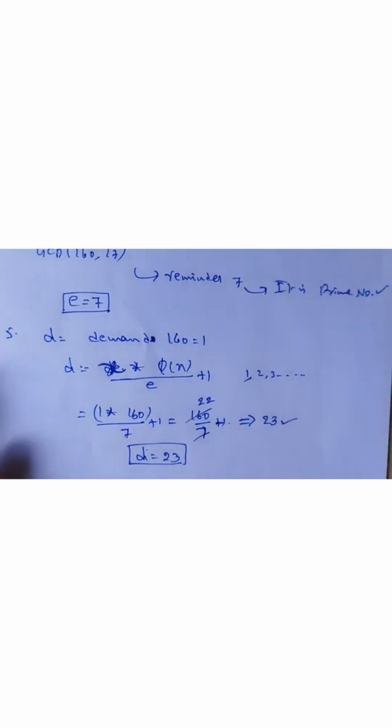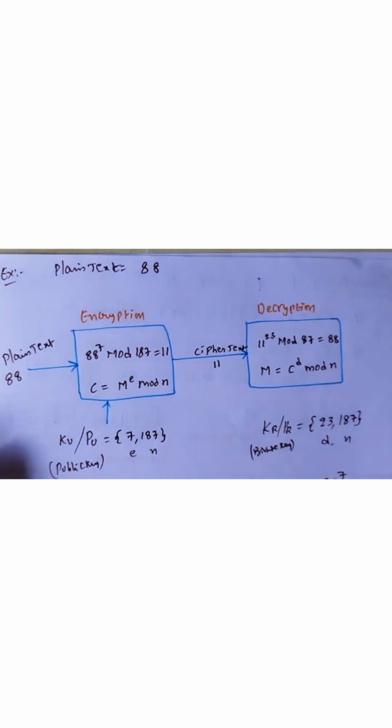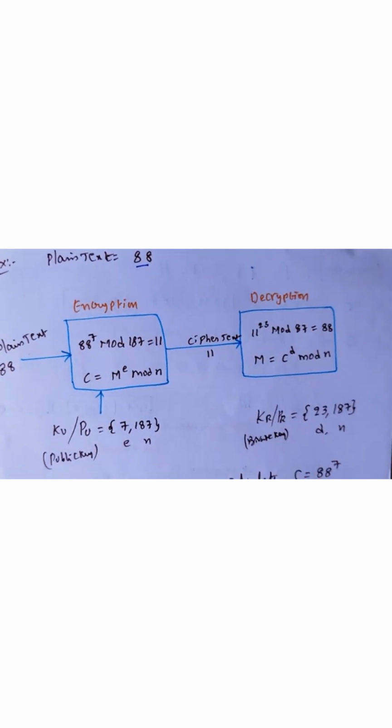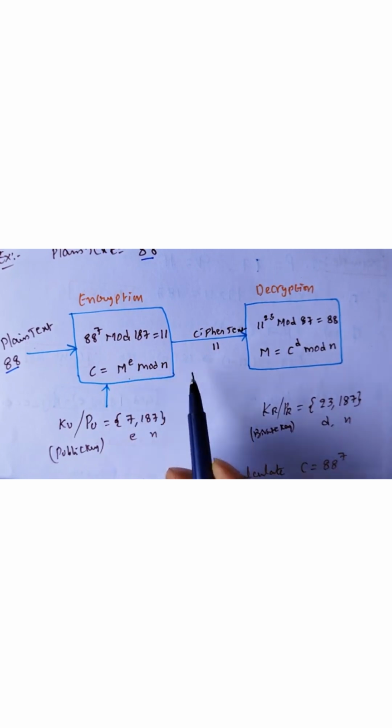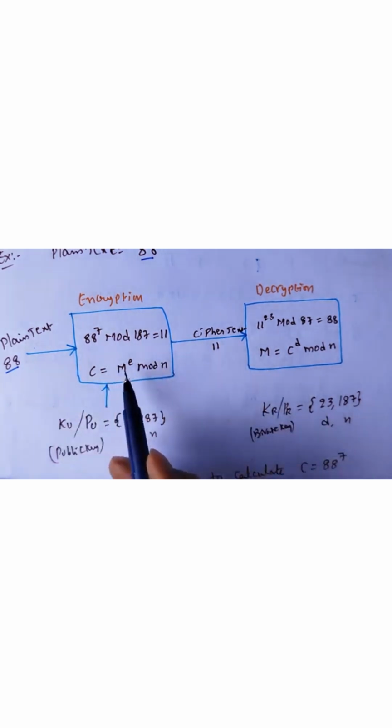Here I am taking one more example to show you. This is the RSA example. Here I am taking the plain text is 88, and it goes into the encryption algorithm. What is the encryption formula here? C equals to m power e mod n. I am implementing the values here.